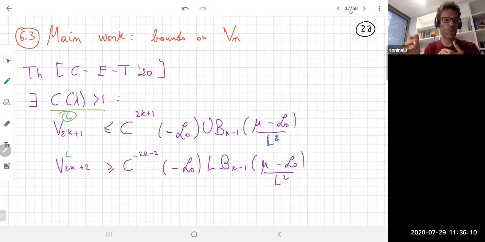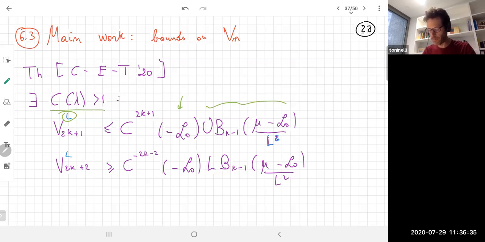So we have to treat them differently. The first part of the bounds tells you that the operators with odd index are upper bounded by this constant to the power 2k plus 1 times the generator of the linear equation times something that I will define in a second, but that is a function of the generator of the linear equation.